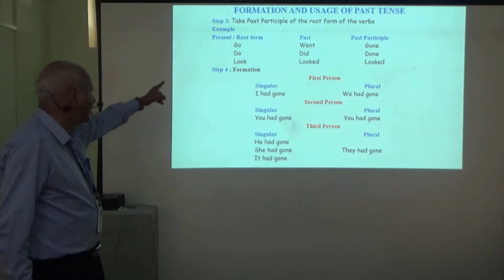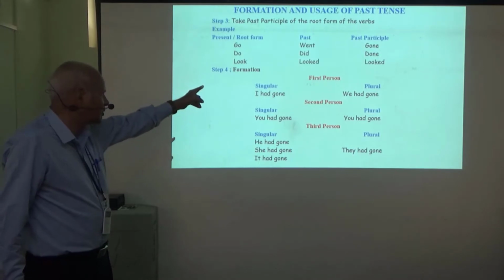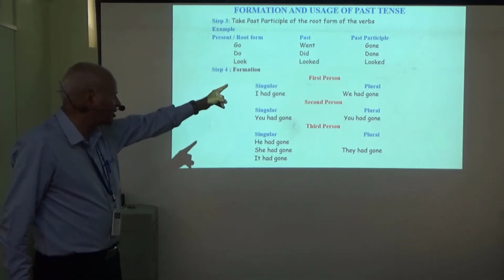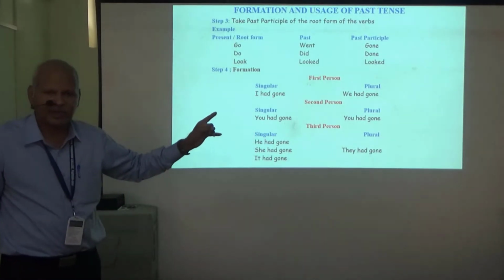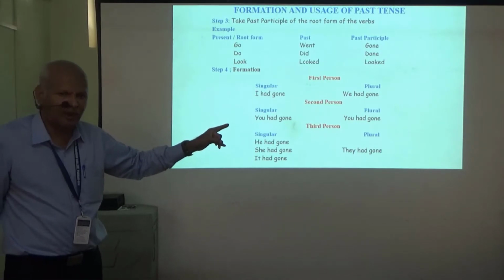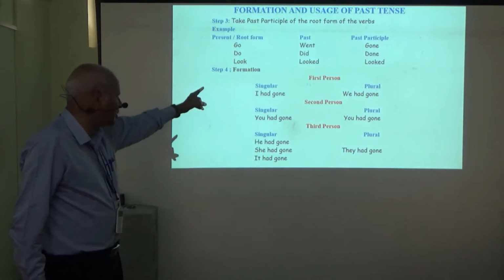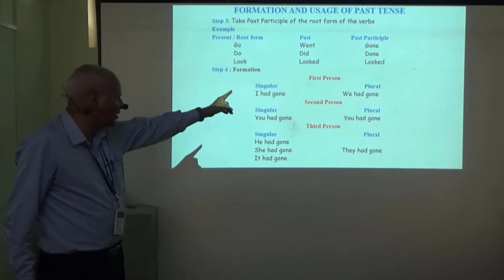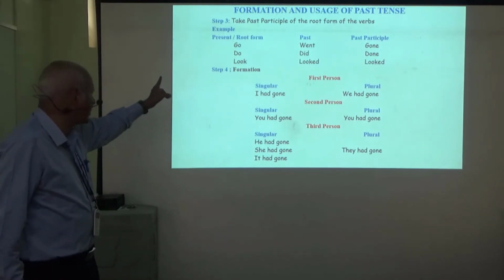So go, which is there in the present form, changes into past went, and changes into past participle gone. So what we need to take here is the past participle of the root form of the verb. Here the past participle is gone. In case of do, did, done. In case of look, looked. So any one of them we can take. So this is the third step.